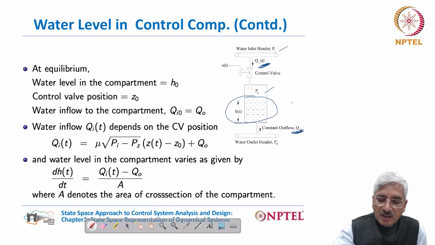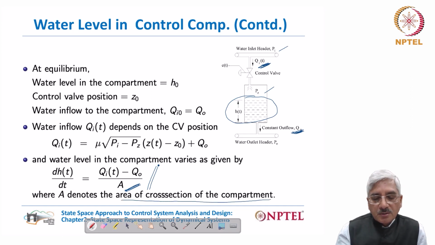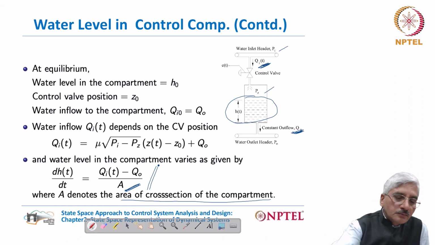Accumulation will be Qi minus Qo cubic meters per second. And that divided by the area of cross section will give the rate of change of liquid level in the compartment. So dH by dt is essentially (Qi(t) minus Qo) divided by A, and A is the area of cross section of the zone control compartment.